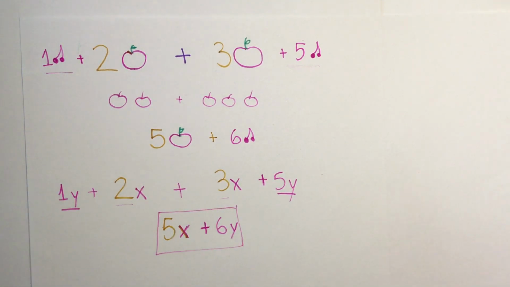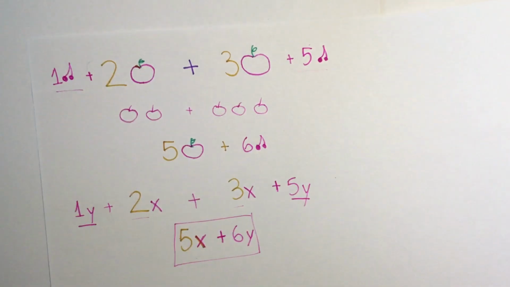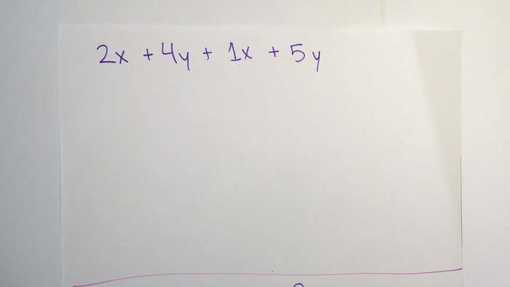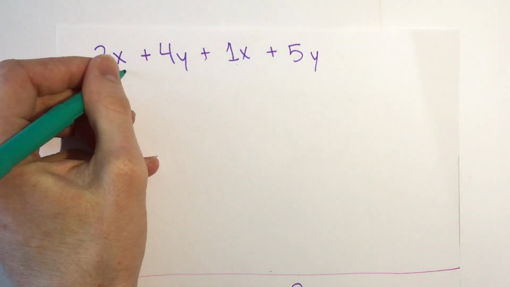So let's look at a few examples of how to do this and some different things that might come up. This one's fairly similar to the one we did with apples and cherries. 2x plus 4y plus 1x plus 5y. The first thing we want to do here is find our like terms. What are our terms with the same variables?